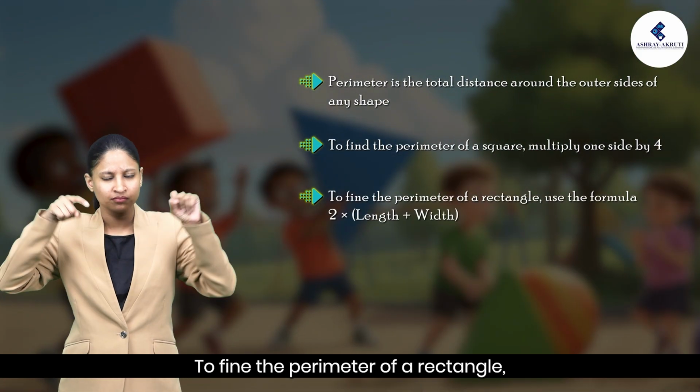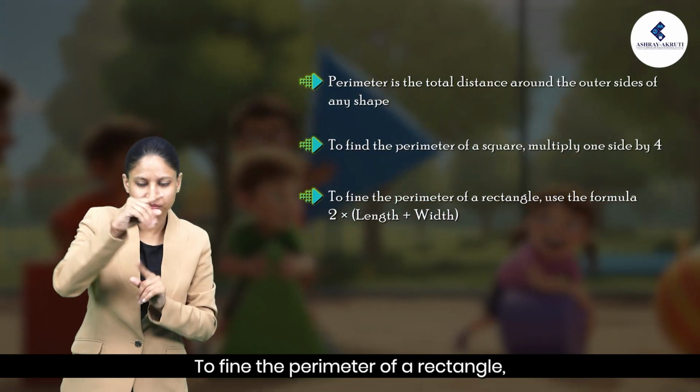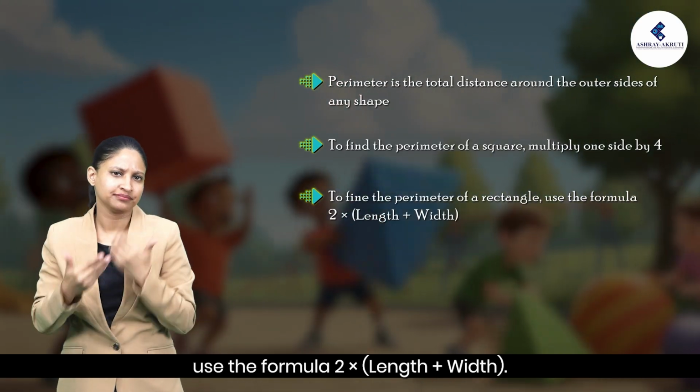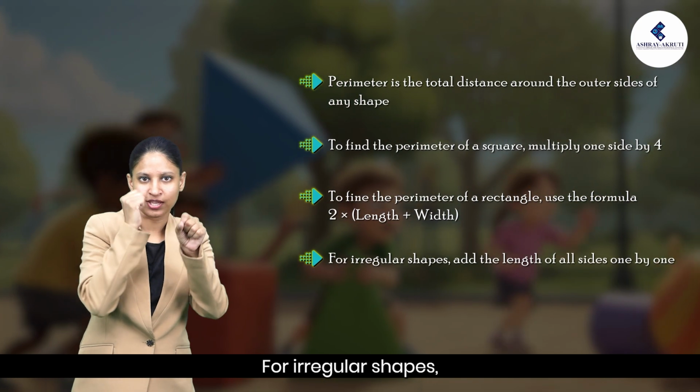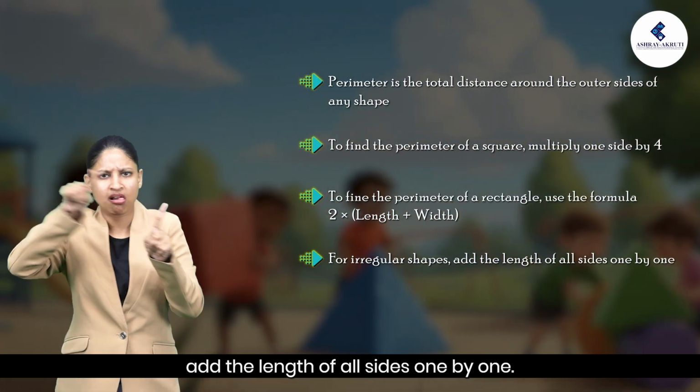To find the perimeter of a rectangle, use the formula 2 into length plus width. For irregular shapes, add the length of all sides one by one.